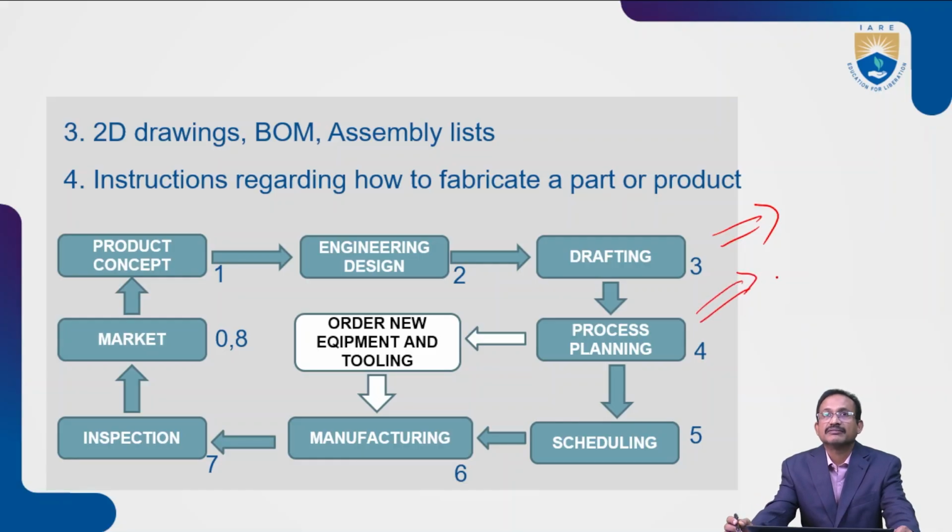What does it mean? Process planning is instructions regarding how to fabricate a part or product. These 2D drawings will be thoroughly studied by process planning department people. These people will instruct regarding how to fabricate a part or product.